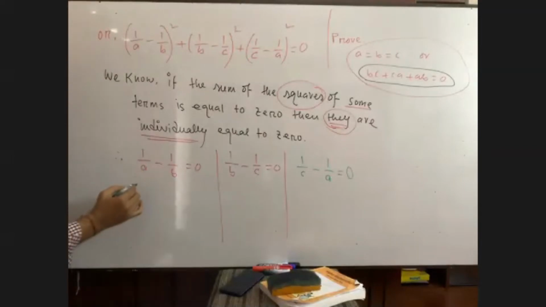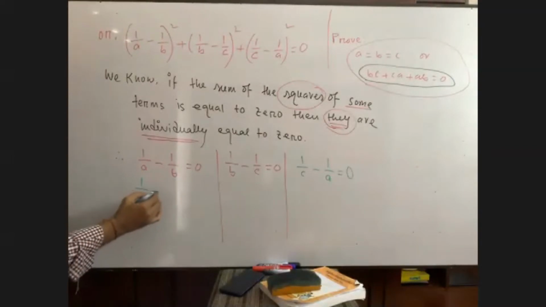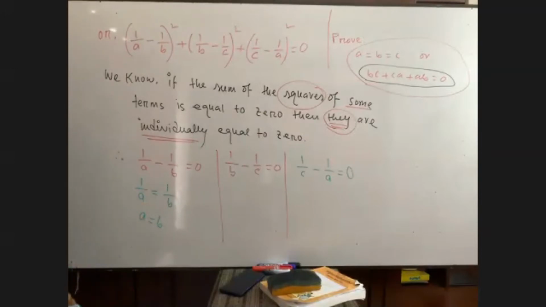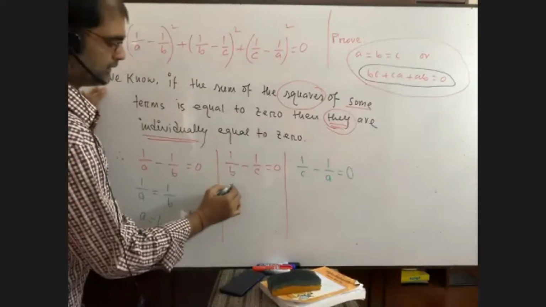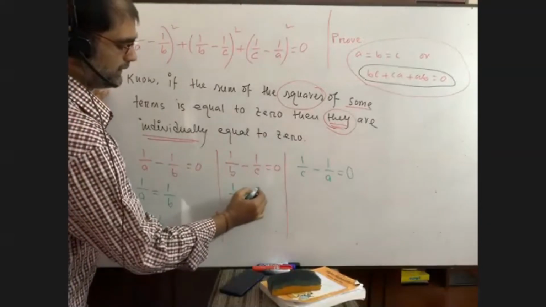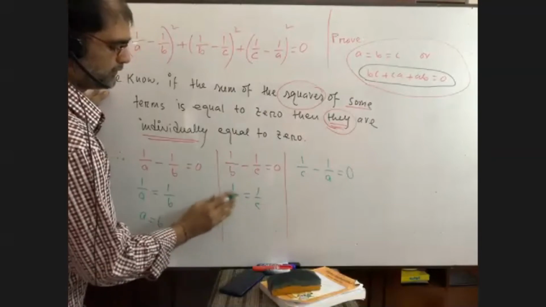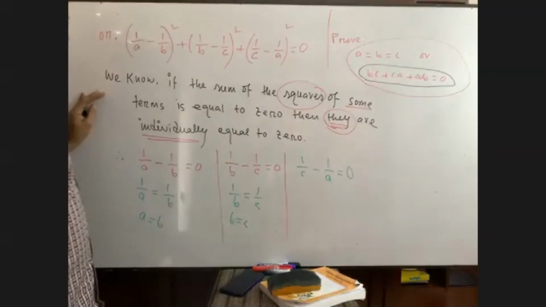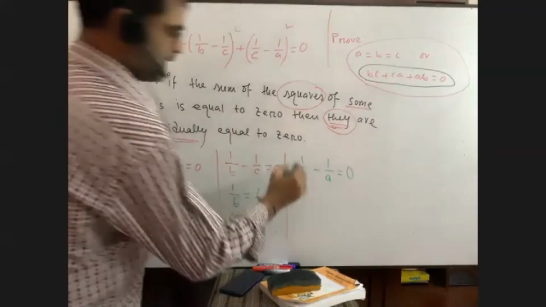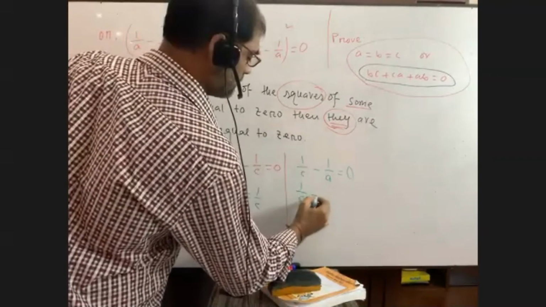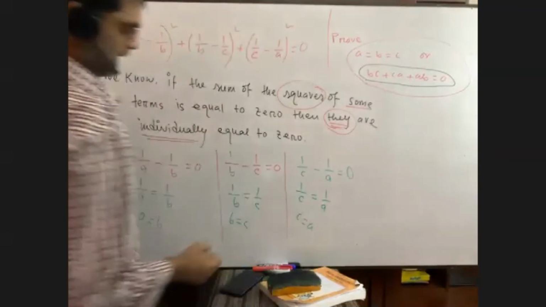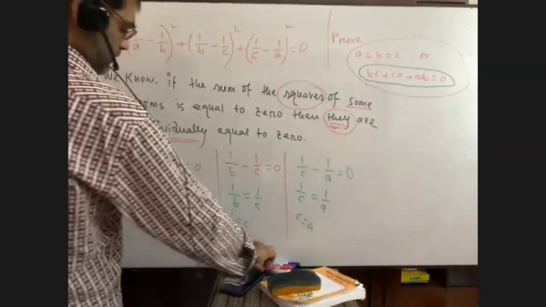That means we are getting here 1 by a equals to 1 by b. That is a equals to b. We are getting here 1 by b equals to 1 by c. That means here b equals to c. We are getting here 1 by c equals to 1 by a. That is c equals to a. Actually, what is happening here?